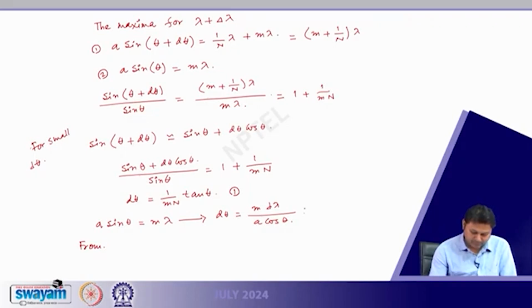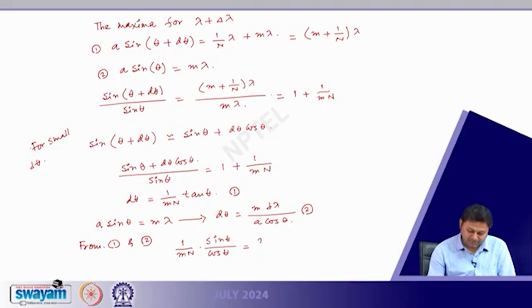So this is equation 2 again. I write from 1 and 2, equating these two conditions leads us to something like 1 divided by m N, then tan theta I divide as sin theta by cos theta, and that side we get m d lambda divided by A cos theta.